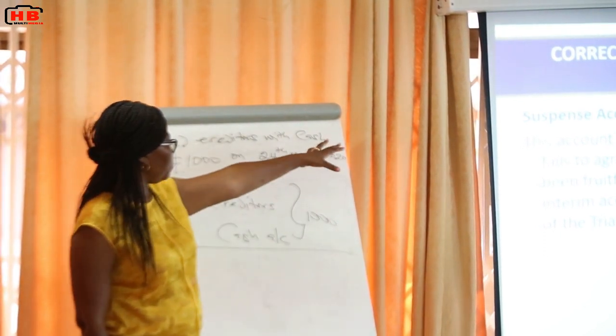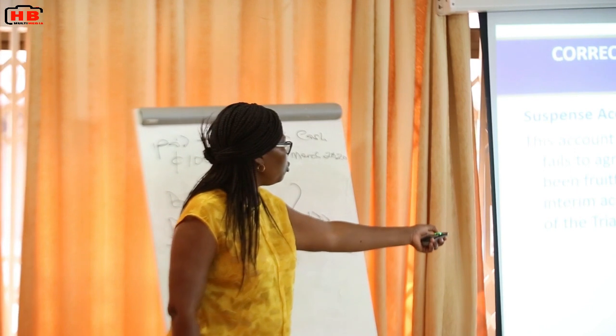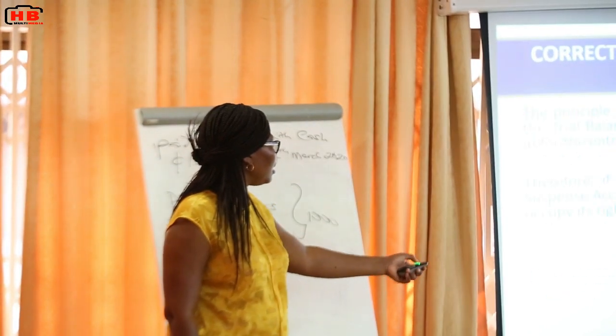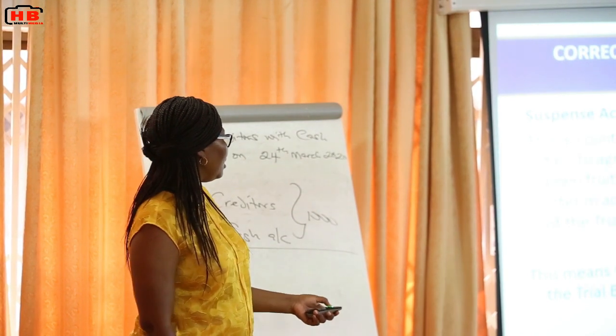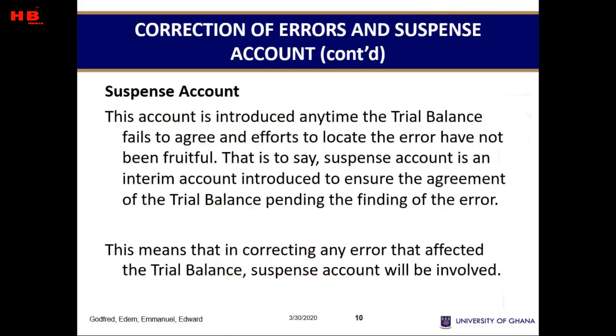And so the suspense account is introduced anytime the trial balance fails to agree. Anytime it fails to agree, we make efforts to locate the error.